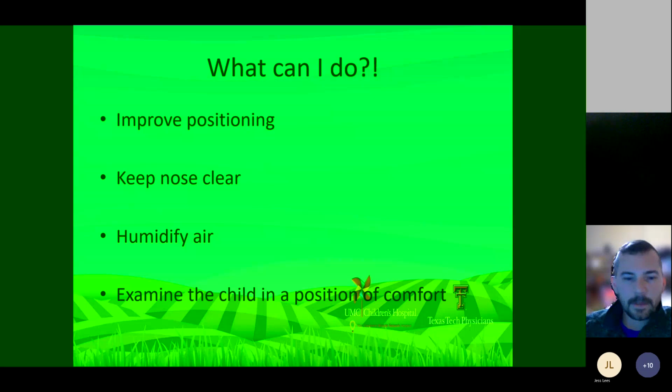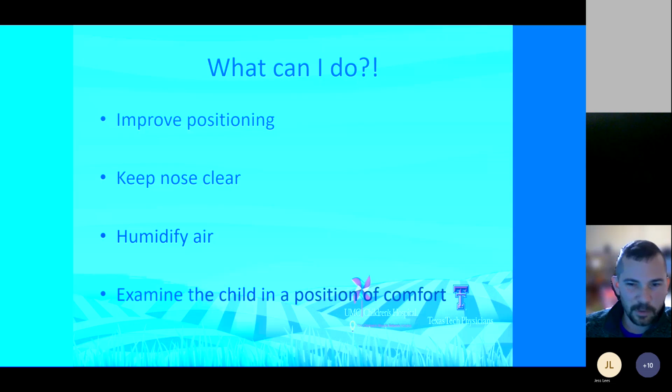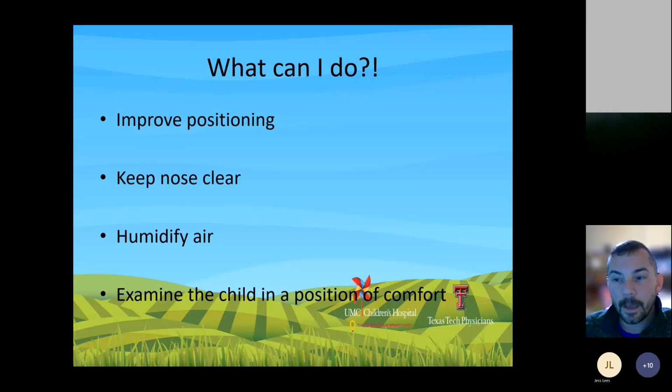Keeping the nose clear, especially in your infant population, it's very important that we do a good job getting the boogers and snot and mucus out of that airway so they can breathe better.